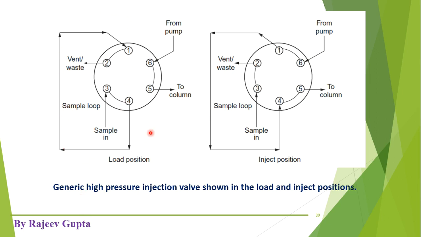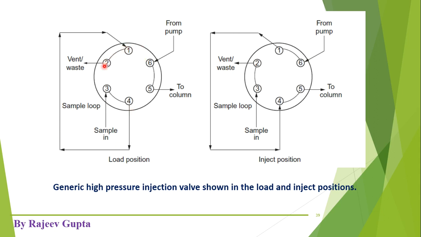So first diagram is shown for load position where we inject our sample, and the second block diagram is for the injection position. Injection position means where the sample loop combines with the main mobile phase stream.